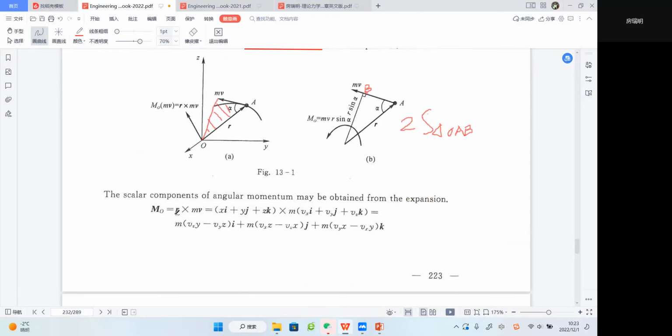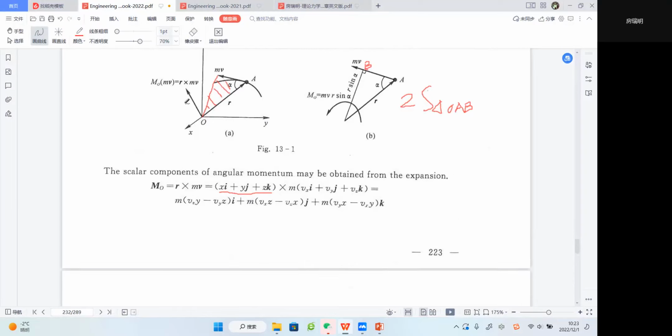Actually we can use R equals xi plus yj plus zk, where x, y, z are the components of the R vector along the x axis, y axis, and z axis. Because this mass will never change, we just have the absolute velocity v, with its three components along x, y, and z. We use vx, vy, and vz to denote these.